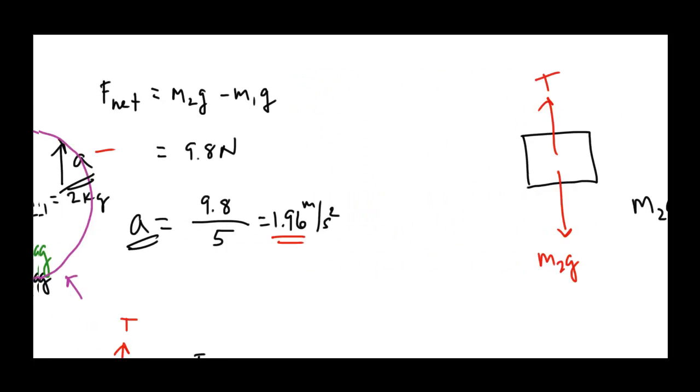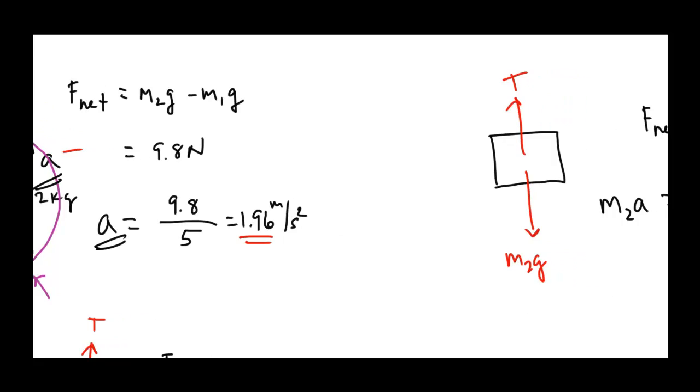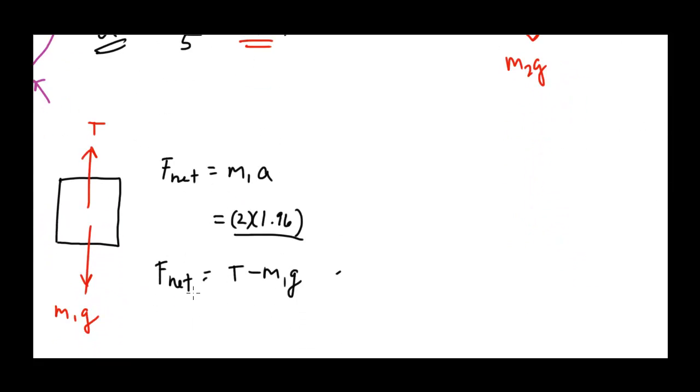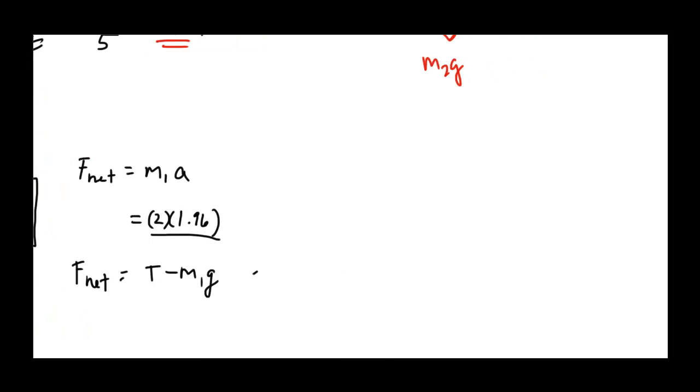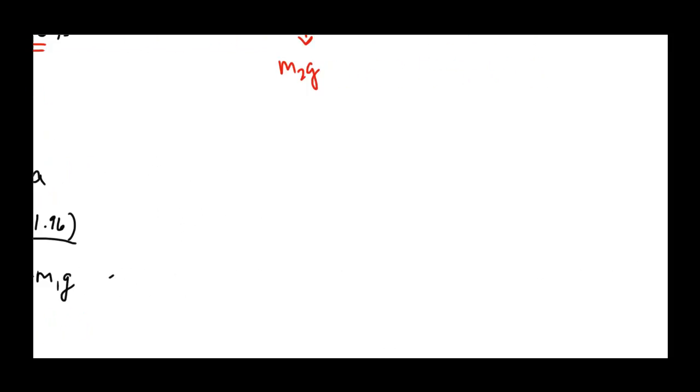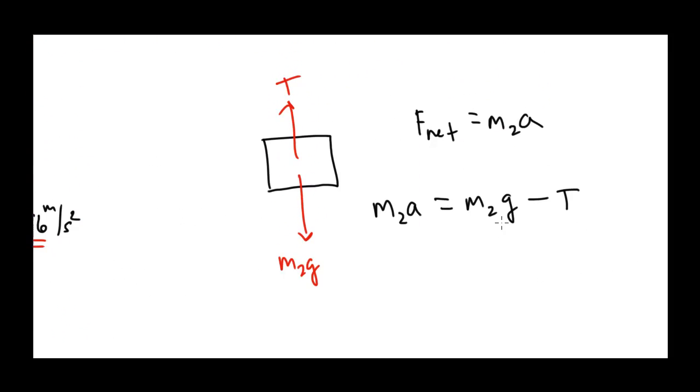Over here, I didn't do that. Over here, I said that the net force is tension minus M1G because the tension force was bigger than M1G, but here it's not. In this case, since M2 is accelerating downward, there's a downward acceleration as far as M2 is concerned, so M2G has to be bigger than the tension force.